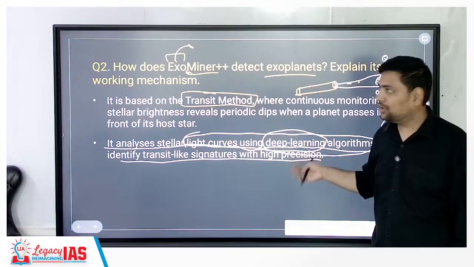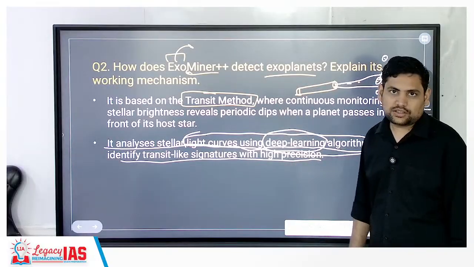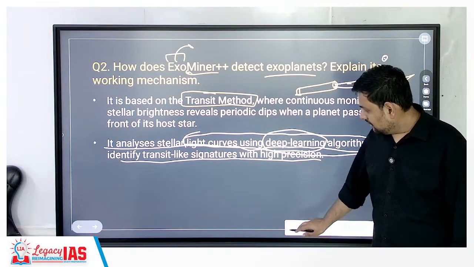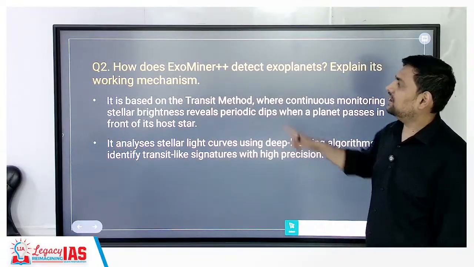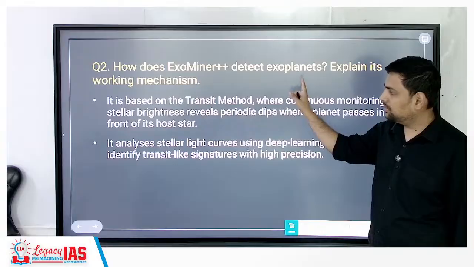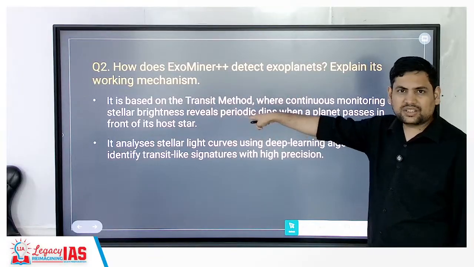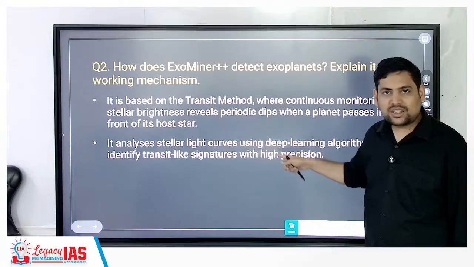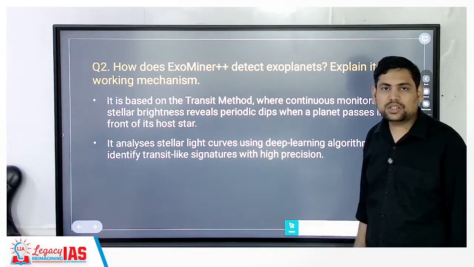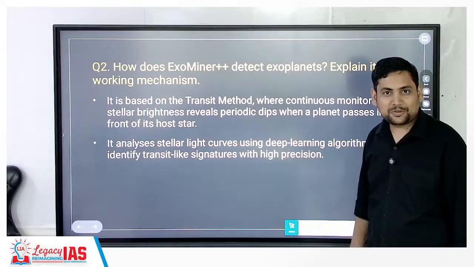That is what ExoMiner++ does. Next, what you need to remember: first thing, ExoMiner does what? Detects exoplanets. How? It is the transit method, based on the changes in the light curves coming from distant stars. Understood in one line?